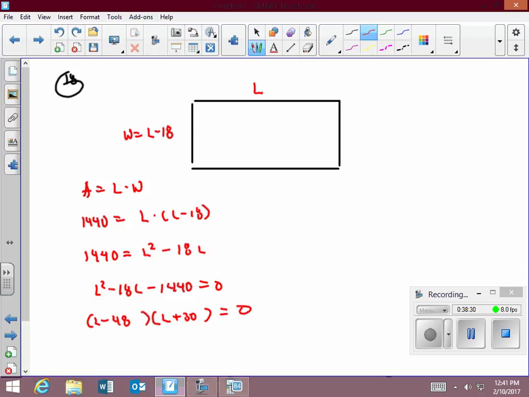And then you're going to have L equals 48. You can't have L equal minus 30, but it turns out that's what the width is, right? So it's 30 wide, 48 long.